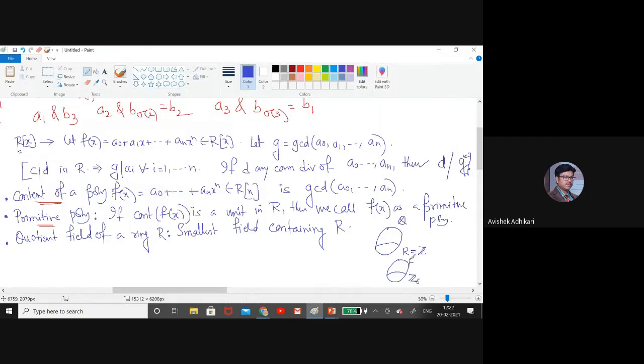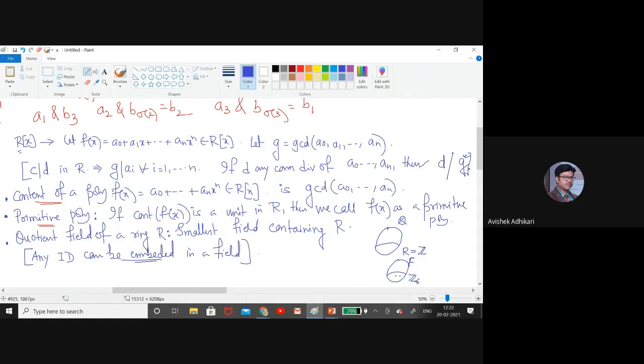If you find such a field, then that field would contain zero divisors. So the result is that any integral domain can be embedded in a field. That's a very important result.